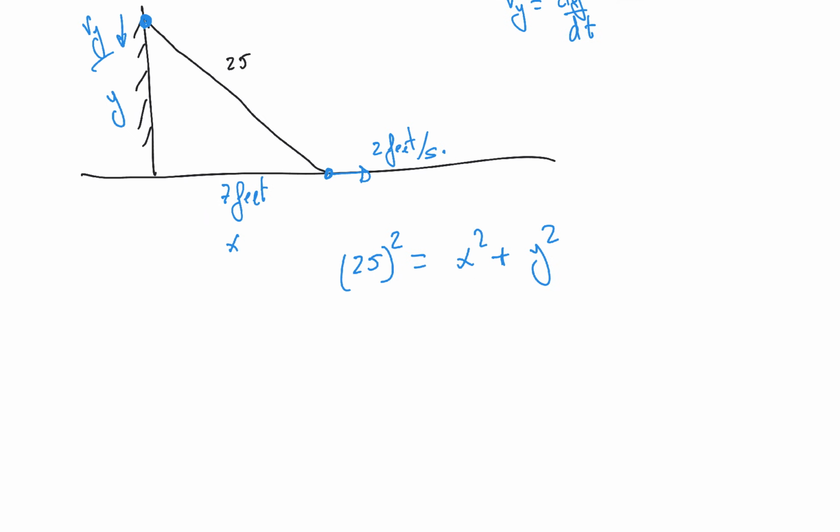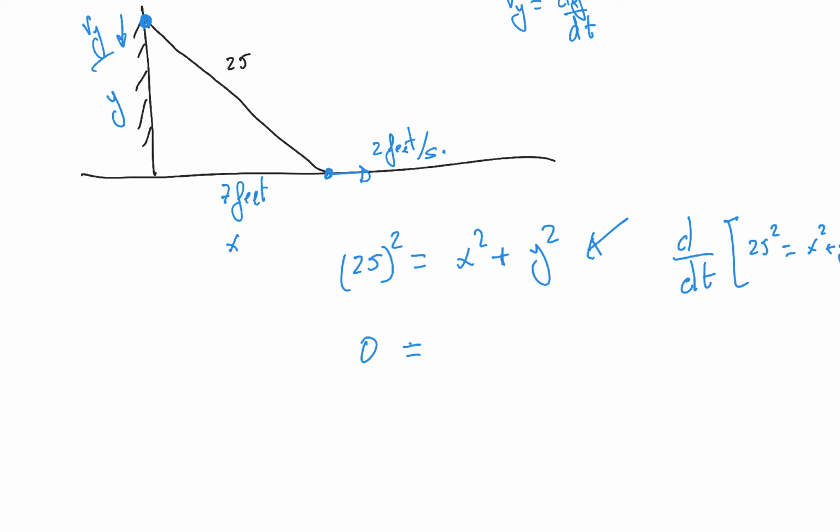Now I make implicit differentiation here, taking the derivative not with respect to x, but to the time t. The derivative of 25 squared is 0 with respect to time because it's a constant.